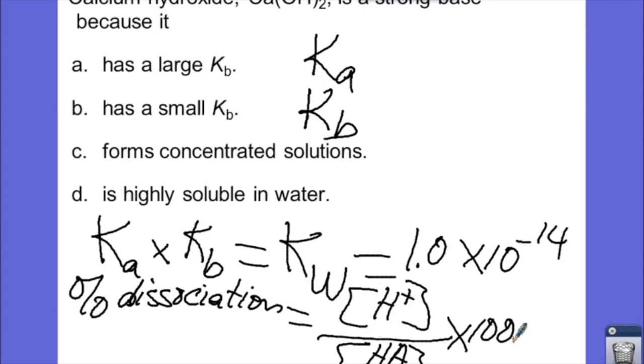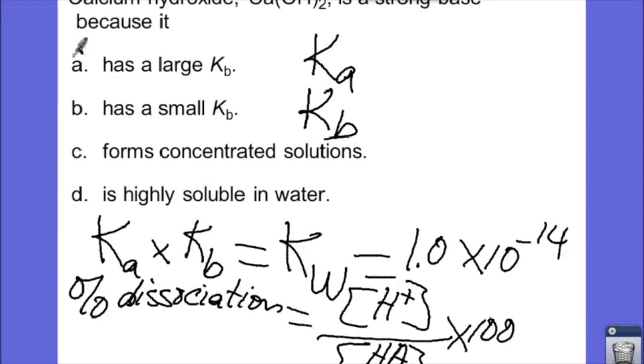I will repeat, especially for pre-AP. Okay, it is on your test. Percent dissociation equals the concentration of your hydrogen ion, that means the amount that is ionized, over the initial concentration of the acid, that means before any dissociation. Times 100 will give you percent dissociation.